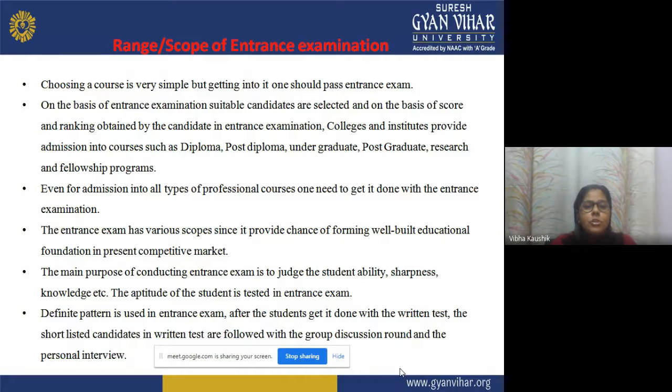Colleges and institutes provide admissions into courses such as diploma, post-diploma, undergraduate, postgraduate, research and fellowship programs. Now, what they are saying is that a number of entrance examinations are conducted by the colleges and institutes providing admissions into different courses such as diploma, post diploma, undergraduate courses, postgraduate courses, and research.